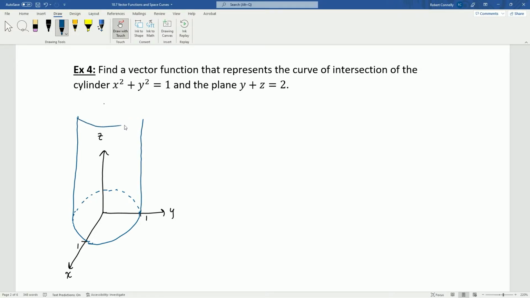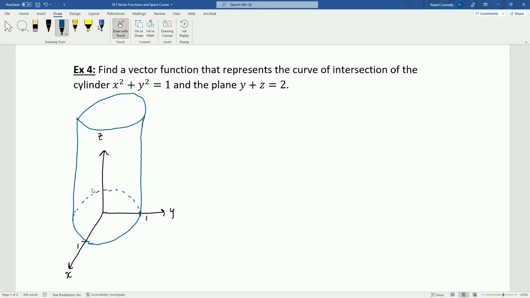So it's a cylinder. Not a great cylinder, but it's a cylinder. Let's try that one more time. Okay, now we've got our cylinder, and we want a plane to intersect it.